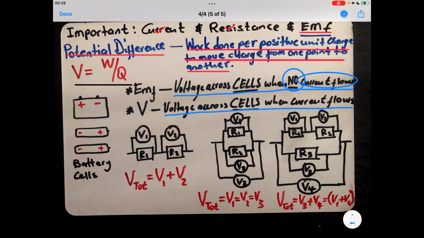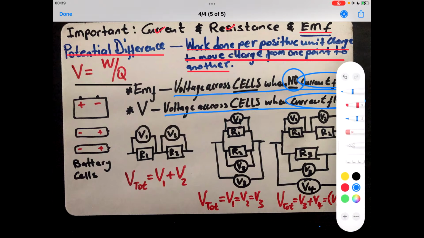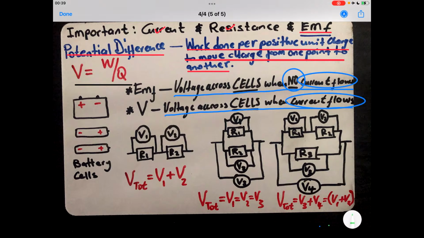In this case, that's when the current is flowing. And this is how I used to remember it, honorable members. I used to say the EMF actually refers to a new cell or a new battery, brand new.